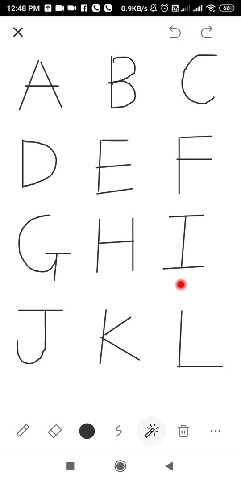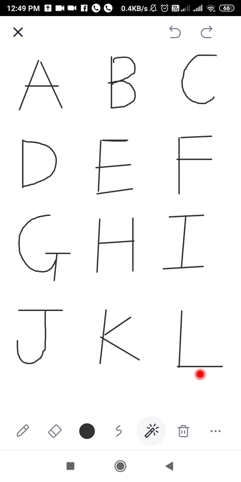Then next I. I for ice cream, right? Then next letter J. J for jug, J for joker. Next letter is letter K. K for kite, K for king. Next letter is L. L for lion, L for lemon.